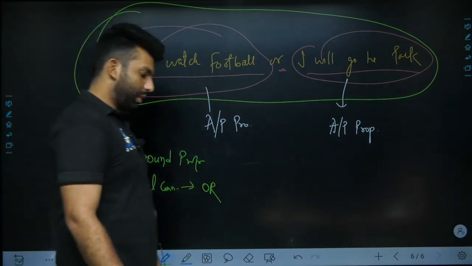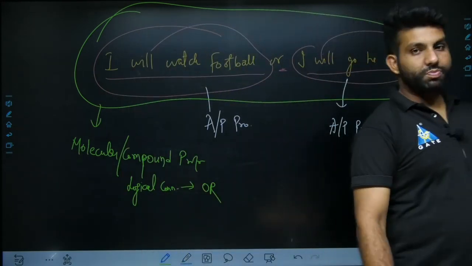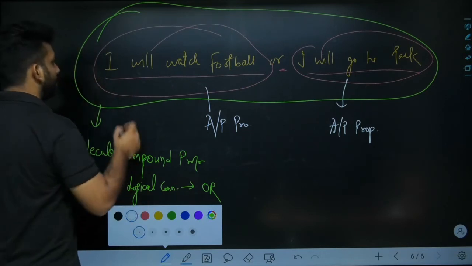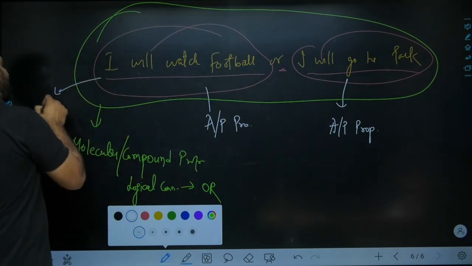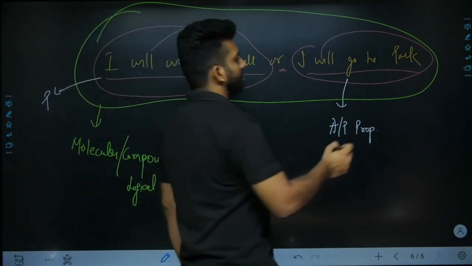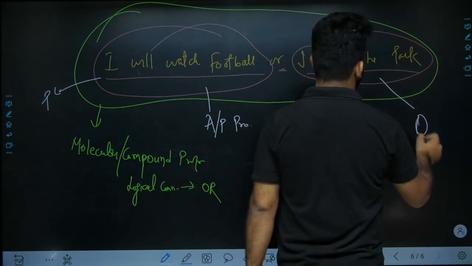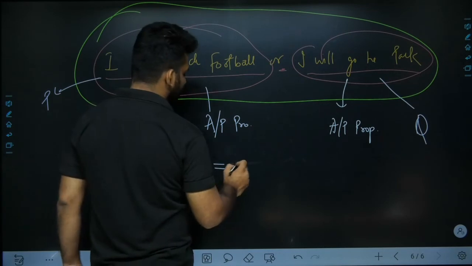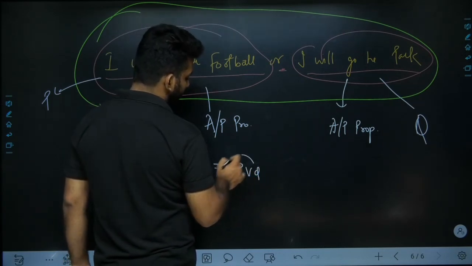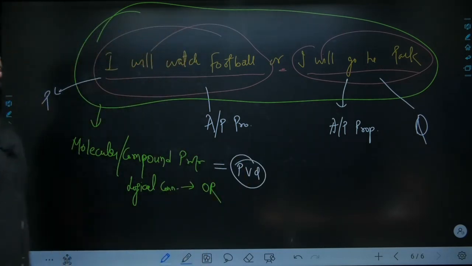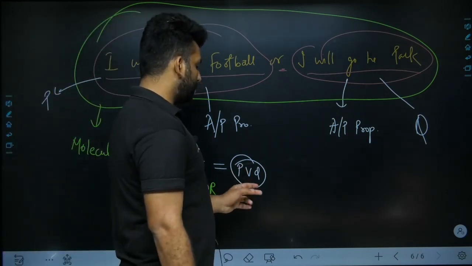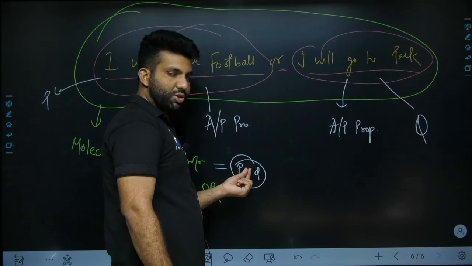If I denote this proposition using P and this proposition using Q, then the molecular proposition I am having is P or Q. This is the operator for OR, the logical OR connective.